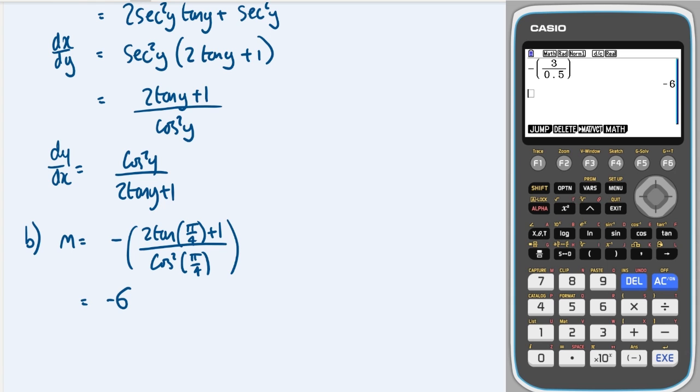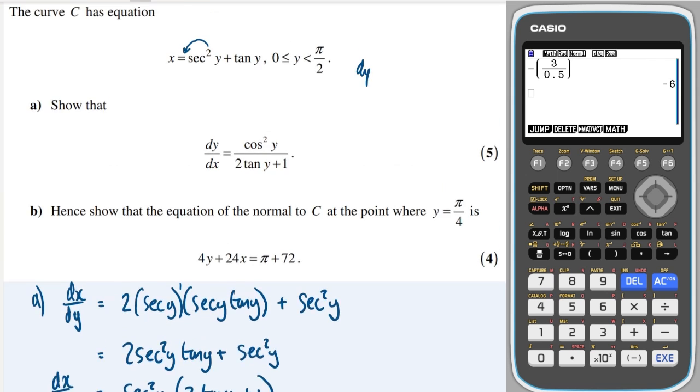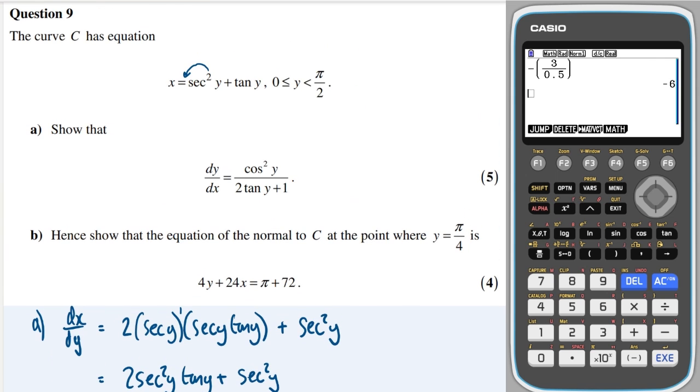Okay, great, so that's the gradient, but of course to work out an equation of a line we need an x and a y coordinate. So we have a y coordinate, but we're going to need to work out the x coordinate. Well, luckily we've got a formula for that.